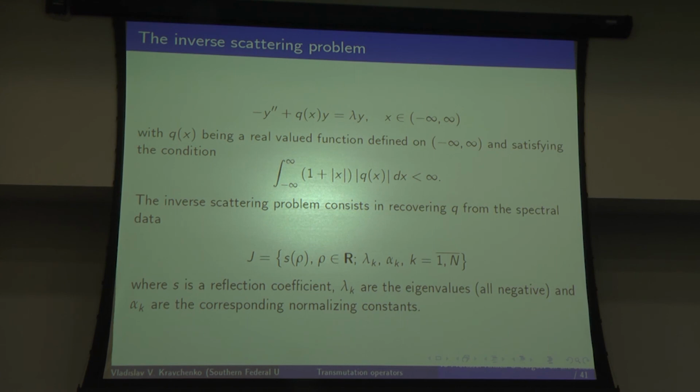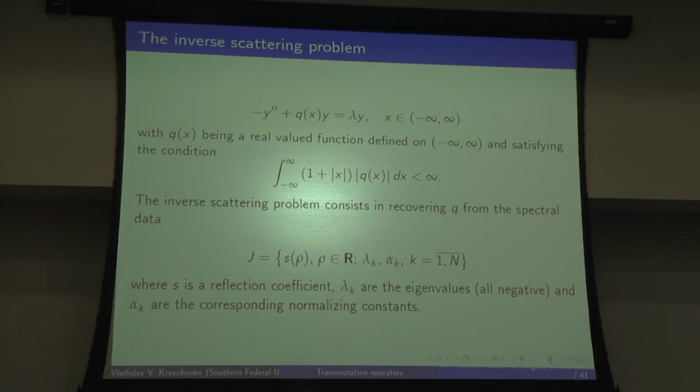The inverse scattering problem on the line can be solved using this representation. More or less like in the first part for the finite interval, this is the same procedure.